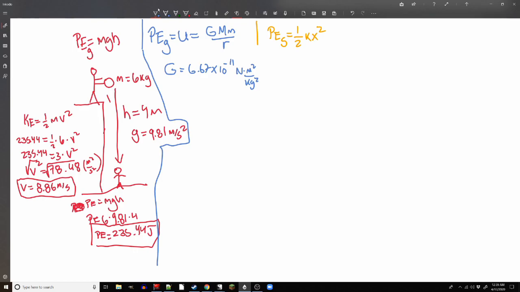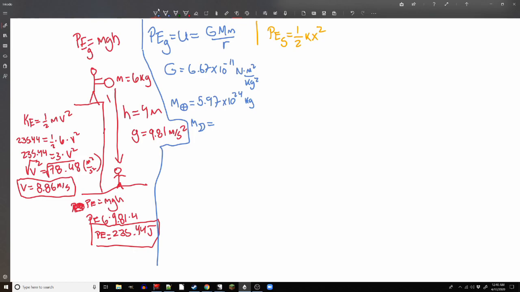I know the mass of the Earth off the top of my head. This little symbol here means Earth. Mass of the Earth is 5.97 times 10 to the 24 kilograms. Mass of the moon, I don't remember exactly what it is. Let me look it up really quick. I know it's times 10 to the 22.